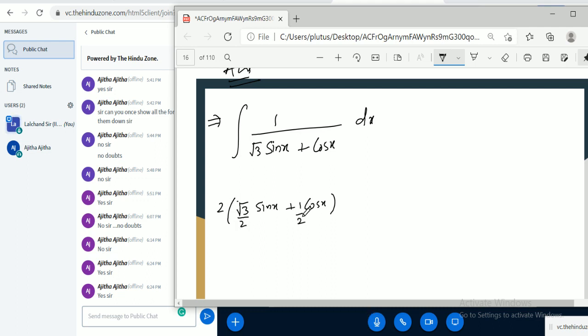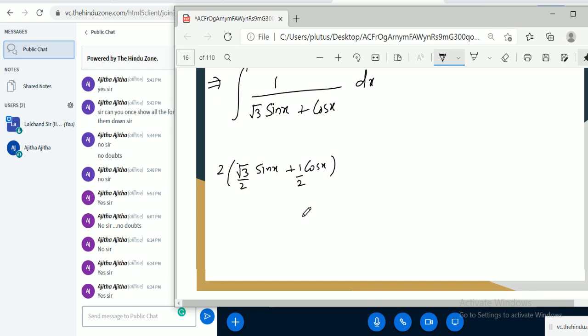Okay, so now we can write this in two ways, either sin pi by 6 sin x plus cos x, and what is the value of 1 by 2?